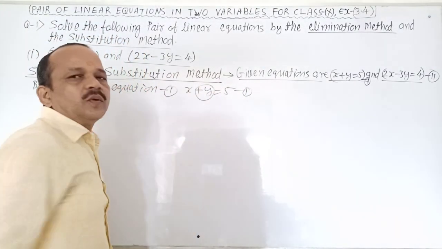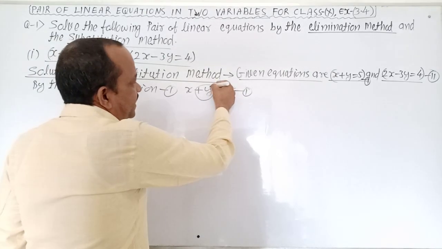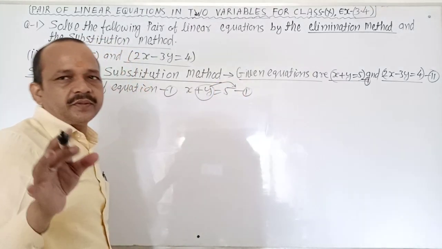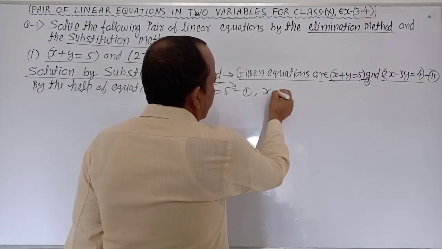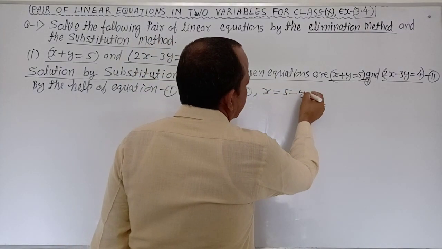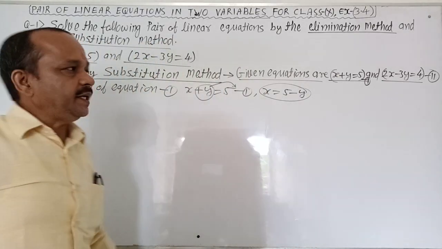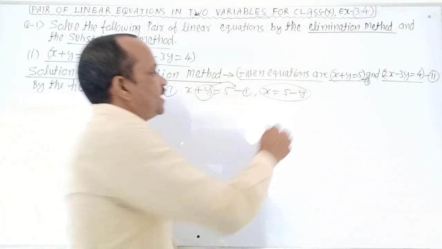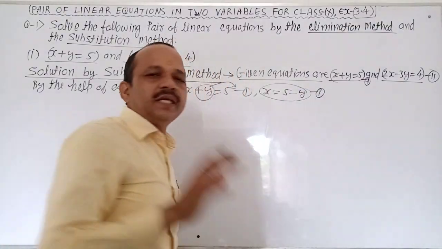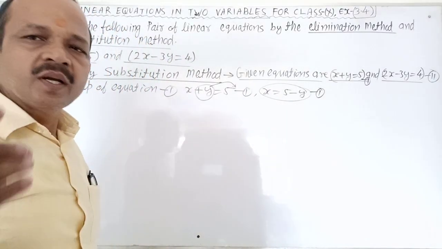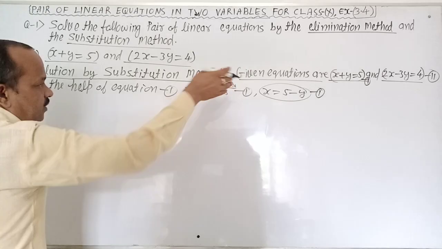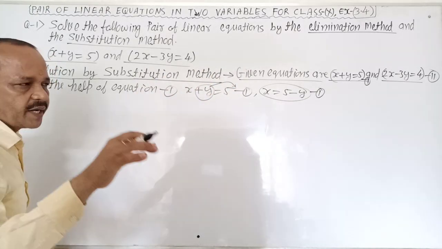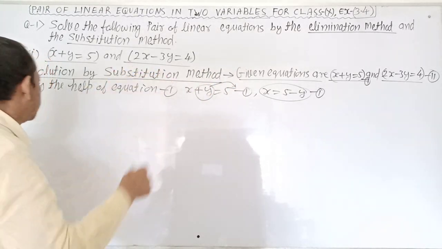Here plus y, you can write it on the right side of equal. It becomes x equal to 5 minus y. You find x equal to 5 minus y. Clear? Now substitute x equal to 5 minus y in equation second.